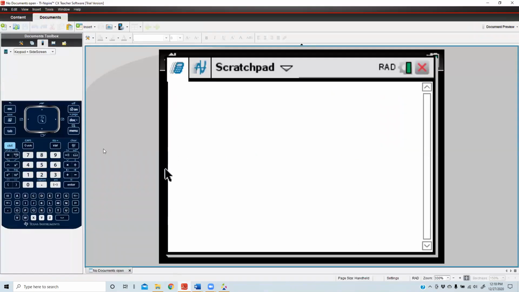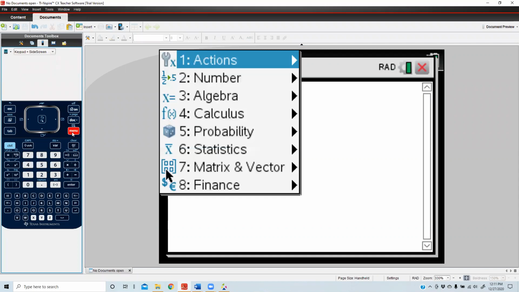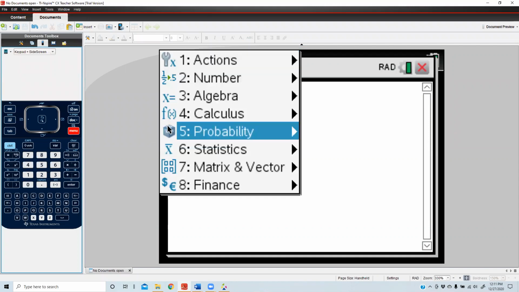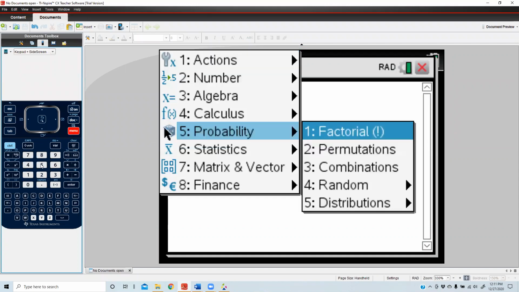Here, you would have to type your number in first. Let's say we were doing 7 factorial. Well, let's not do 7. We've already done 7 on the paper. Let's do 10 factorial. So you would type 10 in the calculator and then go to menu, probability, which is option 5, and then factorial, which is probably going to be option 1.